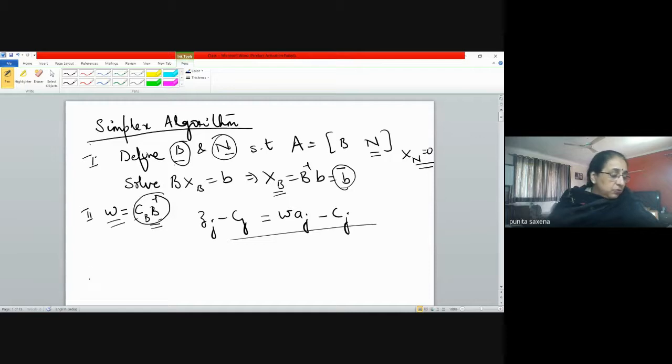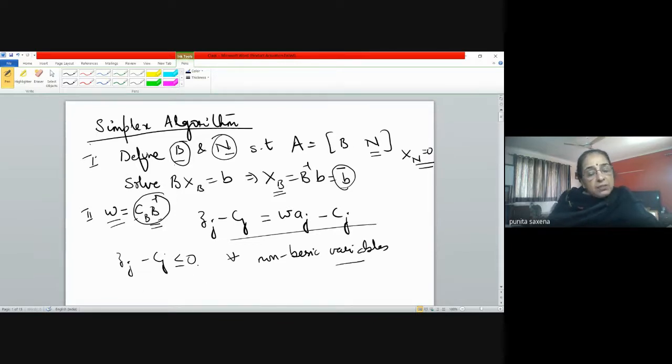Now, if your zj minus cj are all less than or equal to 0 for all which variables? Non-basic variables. That was the condition, right? For all non-basic variables, because we have proved that for basic variables, they will be exactly equal to 0.